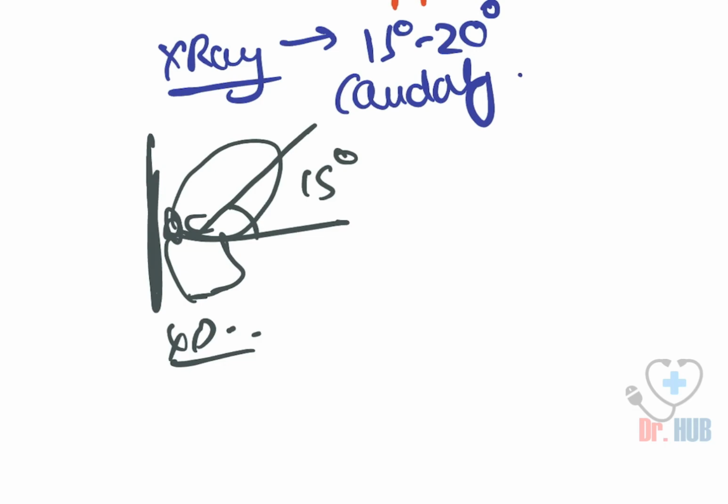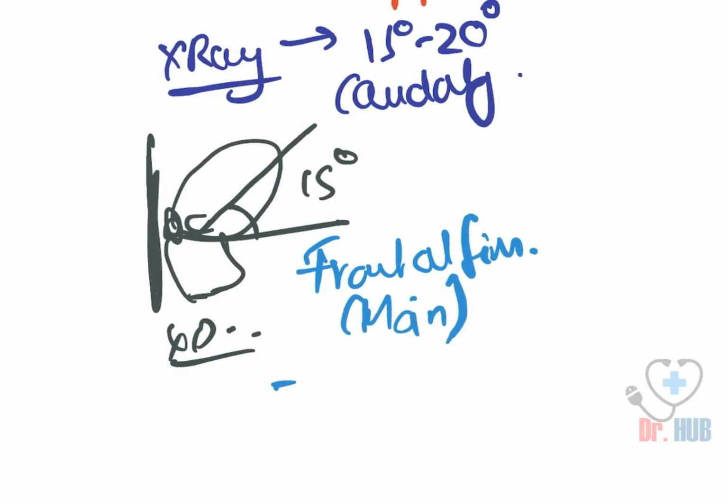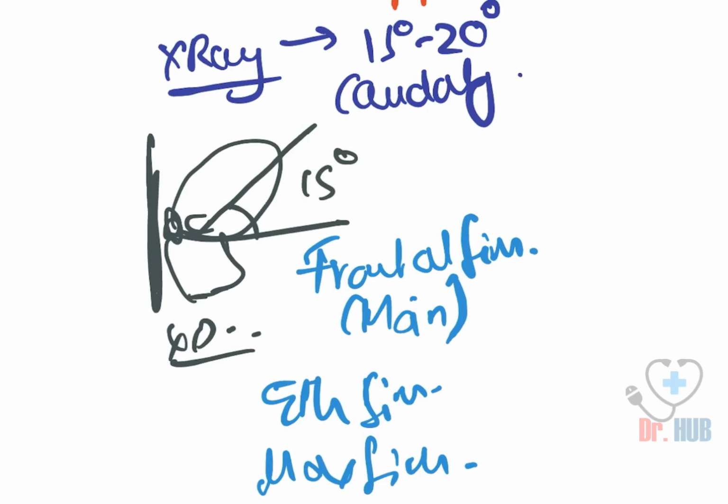So the sinuses which are seen include the frontal sinus, which is the main one, then the ethmoidal sinus as well as the maxillary sinus. It's similar to the Waters view, where we also saw the maxillary sinus, but here the main one is the frontal sinus.